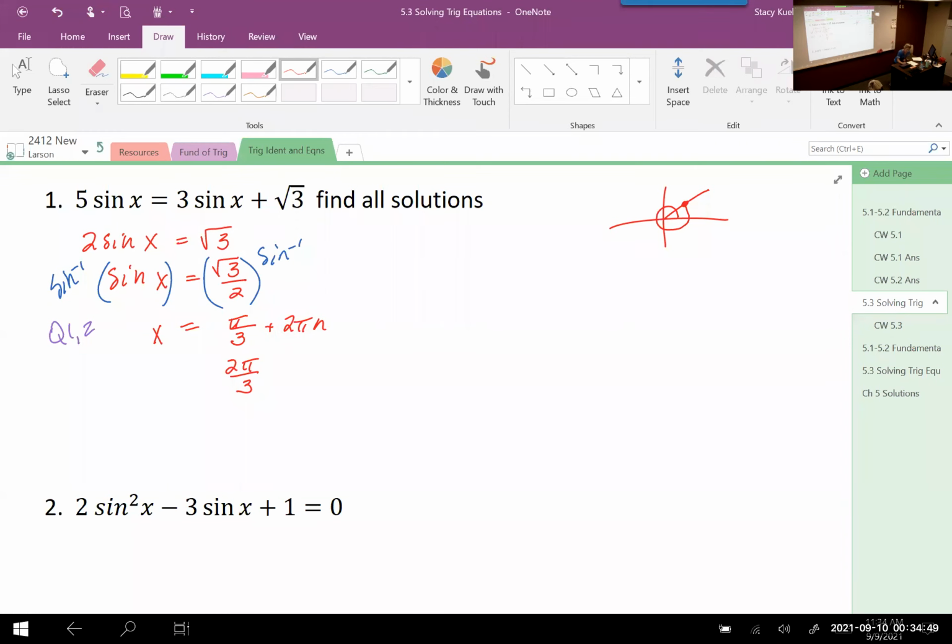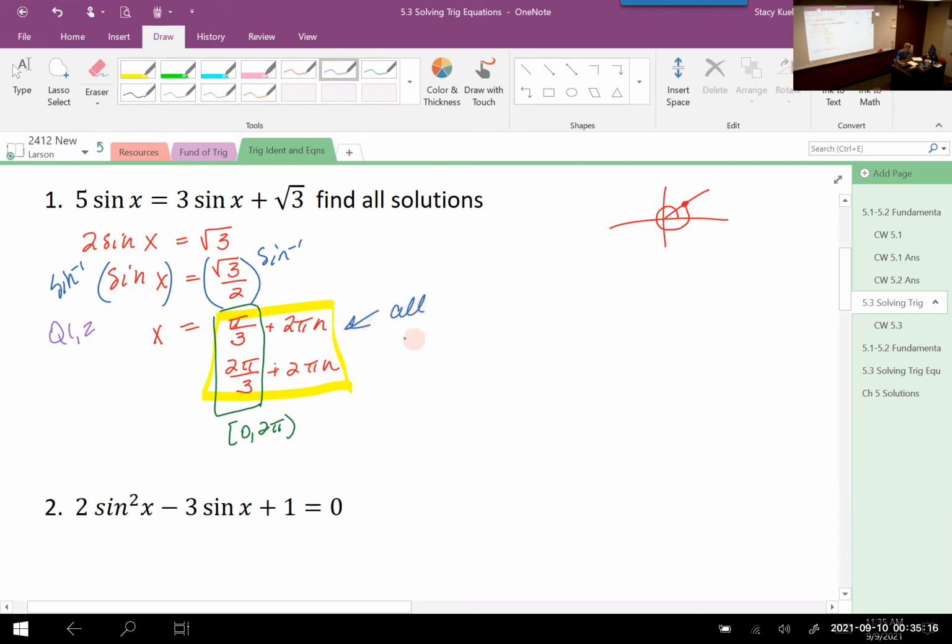And the same concept is here with 2 pi n for the 2 pi over 3. Just to be clear, these answers right here are on the interval between 0 and 2 pi, and these answers that I highlighted are all solutions.